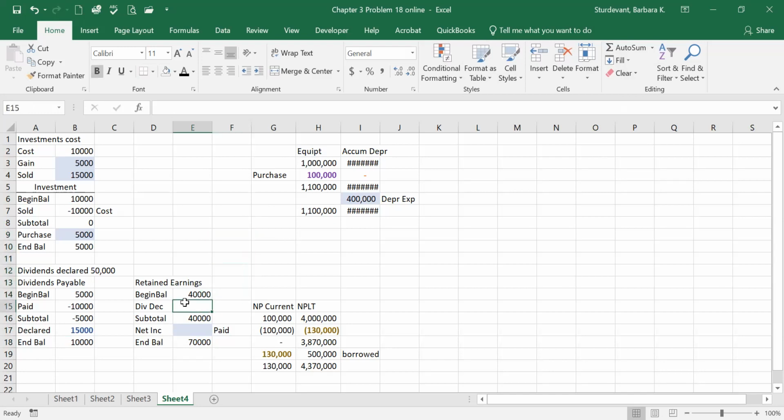Decreases it. Okay. And so that means that our net income is going to be how much? How do you go from 25 to 70? 45,000.